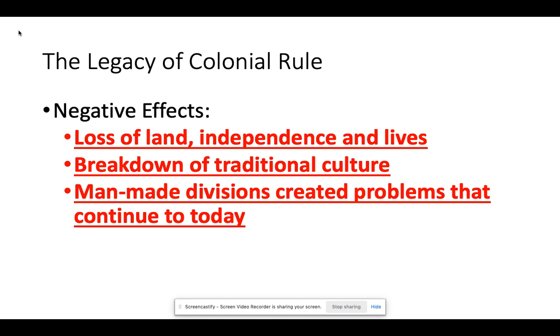The Pacific Islands, even when the U.S. goes in, the indigenous people are going to lose their land. They are going to lose their freedom, their independence, and they're going to lose their lives. They are going to see a breakdown of their traditional culture because they're going to be forced to assimilate to whichever nation has come in to take them over. They're going to have to deal with man-made divisions where countries come in and carve it up the way they want. And with those divisions, we will see problems in present day.